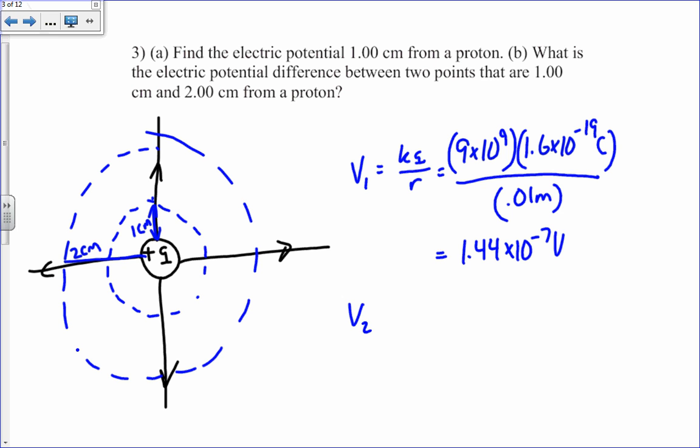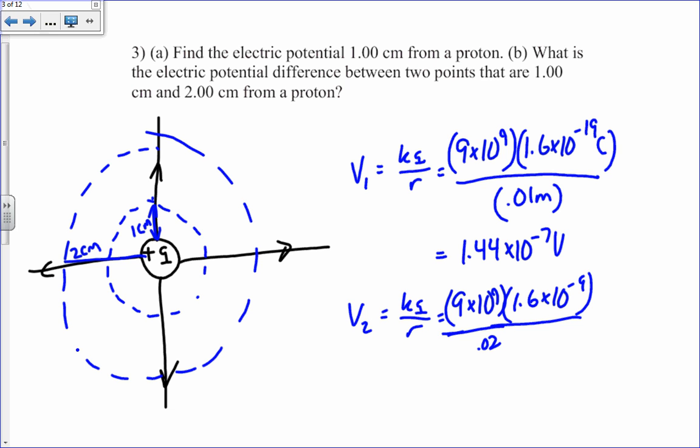And then likewise at 2 centimeters, it's going to be kq over r again, 1.6 times 10 to the minus 9 divided by 0.02 meters. And of course, this is going to be half what it is at V1, 7.2 times 10 to the minus 8 volts.